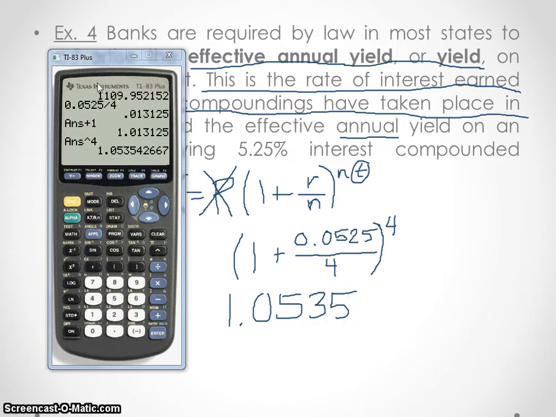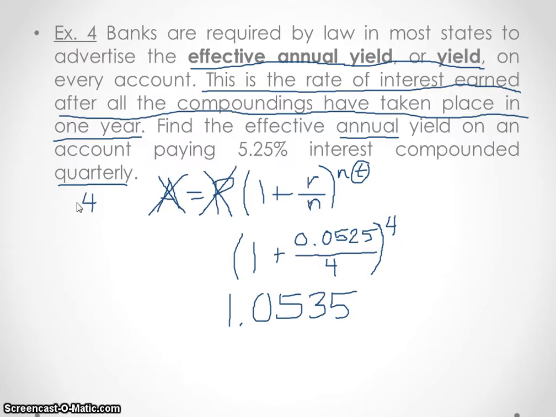Meaning if you invest, now we didn't really put anything in for our principal, but essentially we've invested $1, let's say. We're going to end up with $1.05 when we're done. Now if we change this to a percentage, it would be 105.35%.